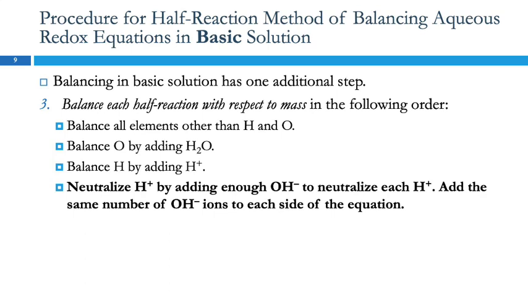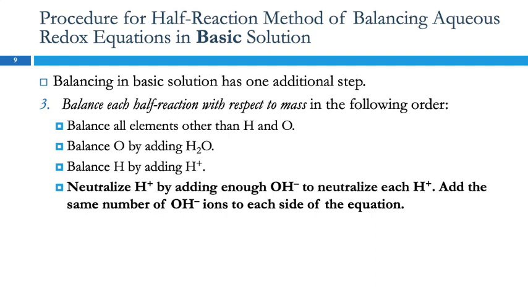What if the solution is basic instead of acidic? We're going to go through the same process. We're going to add 1 step. So we're going to balance the hydrogens by adding H+, like we did before.